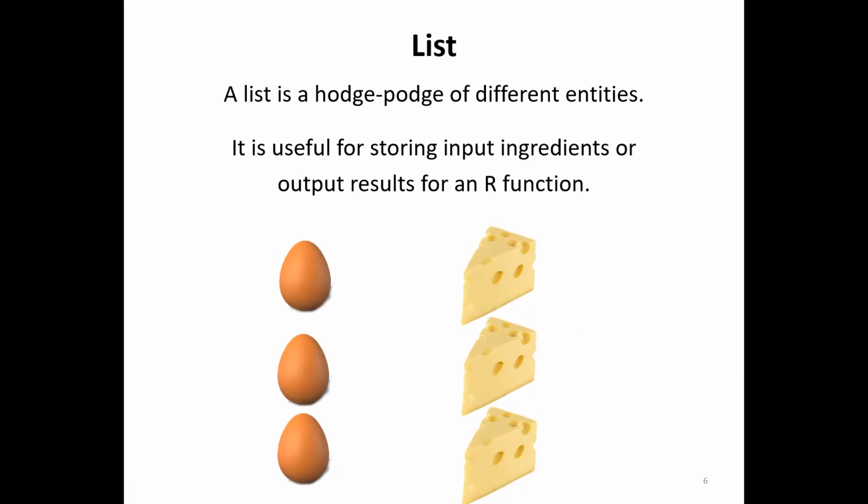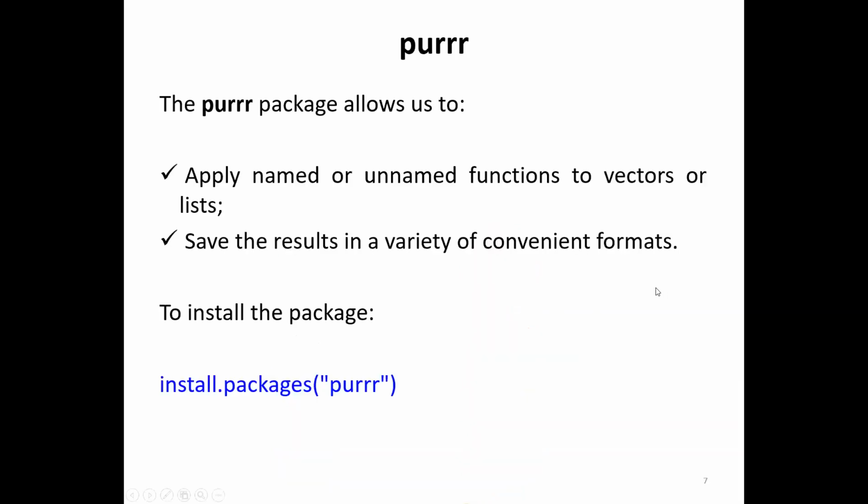Perfect, thank you. Good, so, okay, so how do all these things, vectors, lists and functions, come together in the purrr package? Basically, with this package, you can take any named or unnamed function you might have and apply that to a vector or a list.